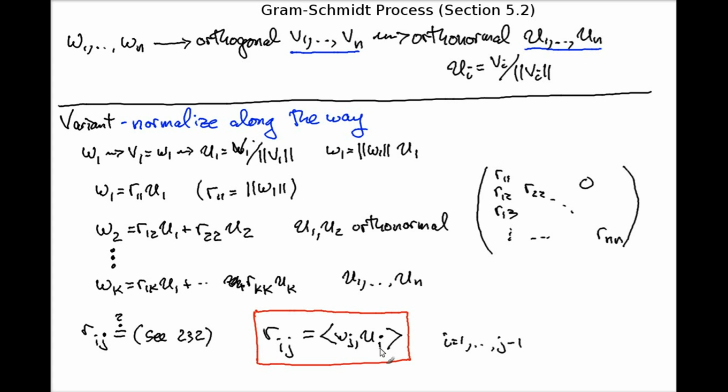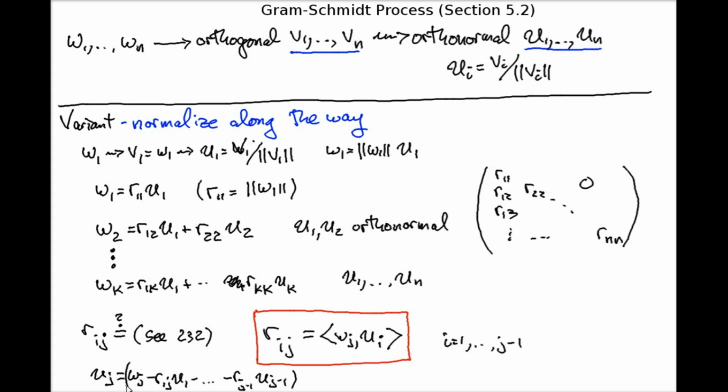And then this gives you the formula for uj is wj minus r1j u1 minus dot dot dot minus rj minus 1,j uj minus 1.